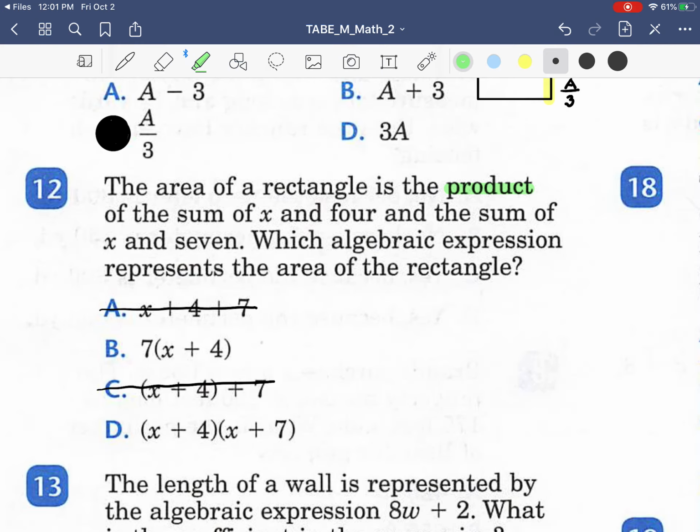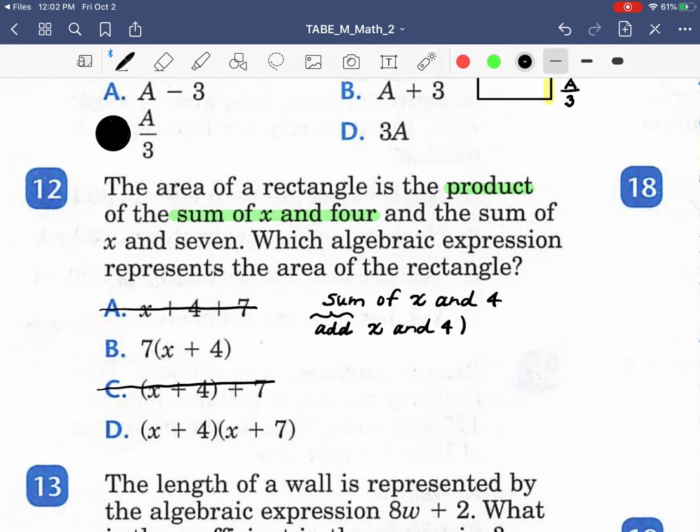The product of the sum of x and 4, so that means, let me write it, sum of x and 4. Sum means add x and 4. So we've got this one. And then we have the sum of x and 7. So add x and 7. Can you see it coming together here?